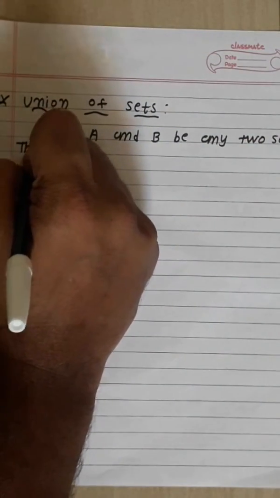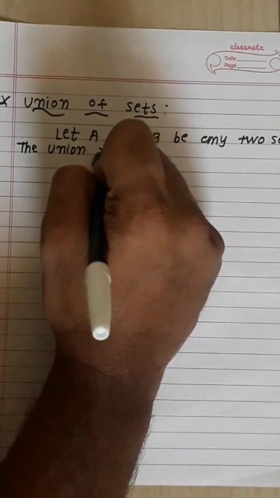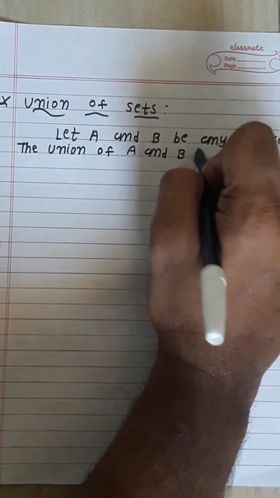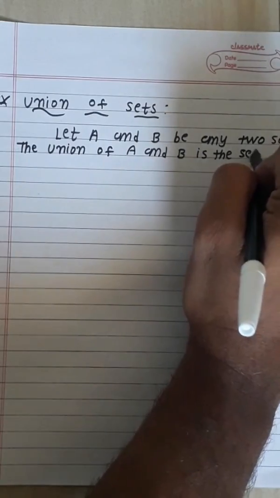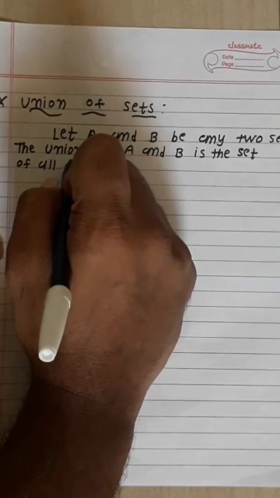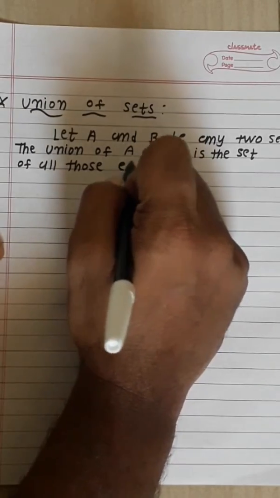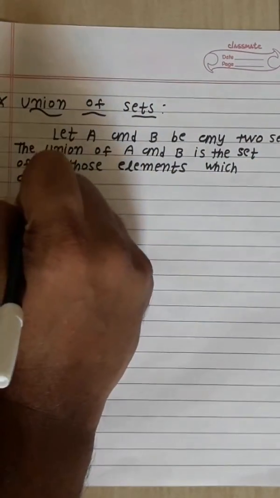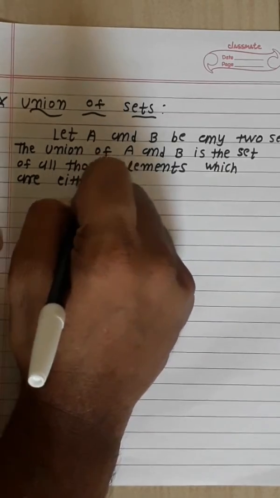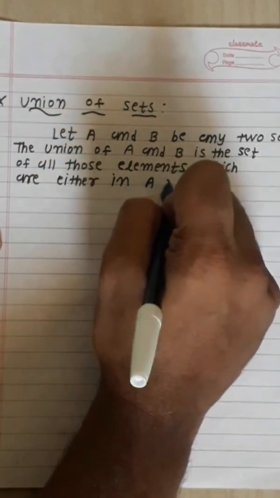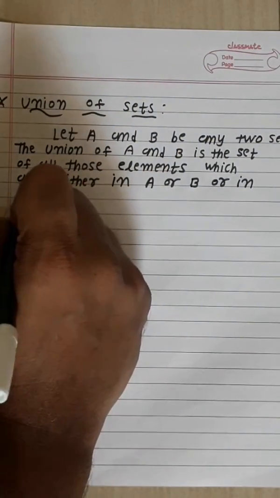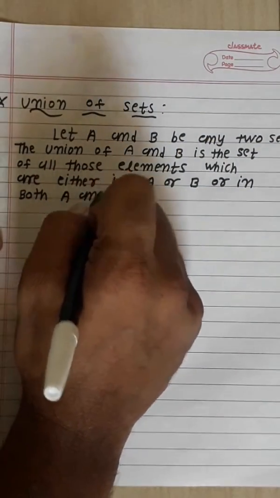The union of A and B is the set of all those elements which are either in A or B or in both A and B.